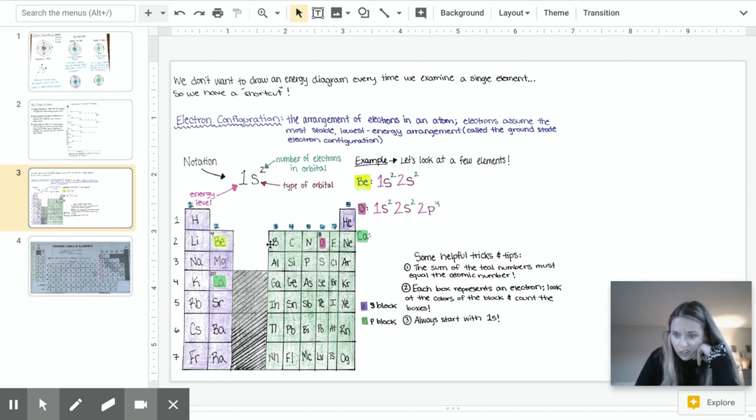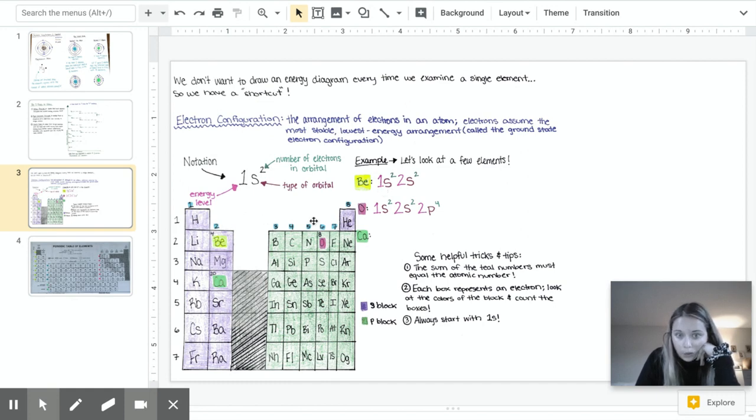I'll go through this with you. We're always going to start with 1s, and the sum of these 2 numbers must equal the atomic number. Beryllium has 4 electrons, so we start with our 1s. We have 1, so that's where I get that 1.